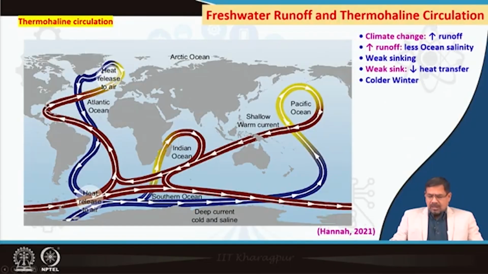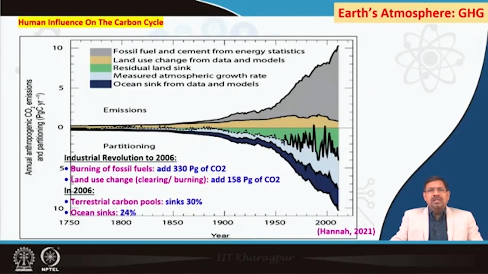Now, on the lower side, in terms of the sink, the lower is the sink by ocean, this one is the measured atmospheric growth rate, and the green one is the residual land sink because of deforestation and alteration in terms of albedo.